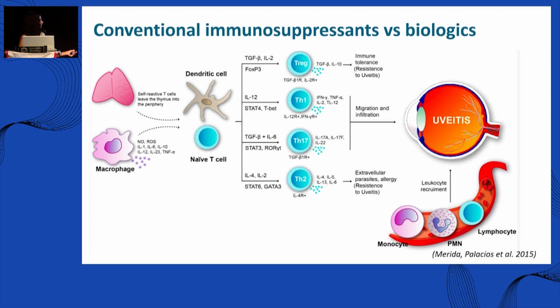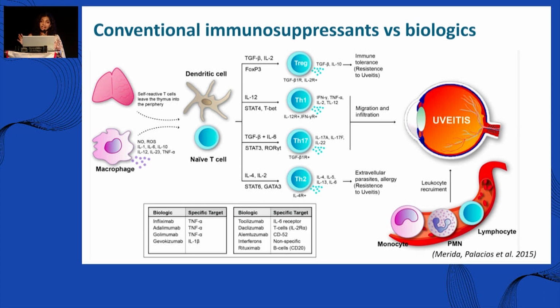You will be getting rid of the bad guys, but at the same time, you could be targeting your regulatory T cells. So there'll be off-target adverse effects. Whereas biologics, mainly monoclonals, will be targeting specific points, and therefore they will be technically more effective, and the safety profile would also be better.